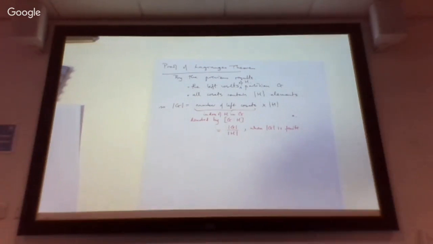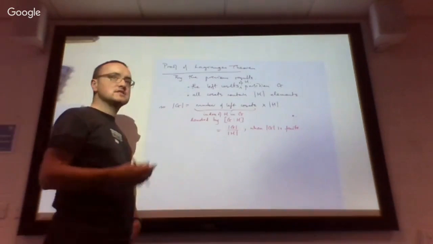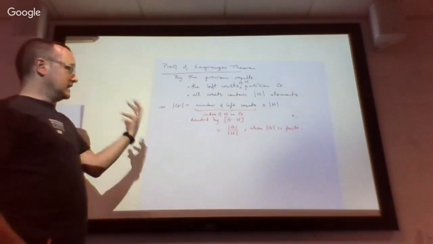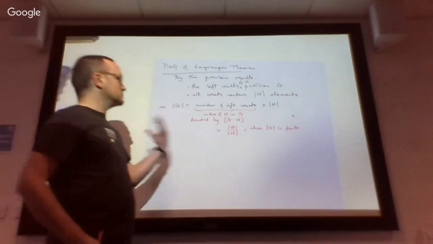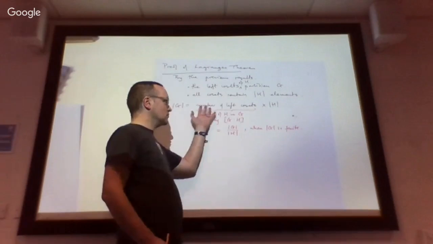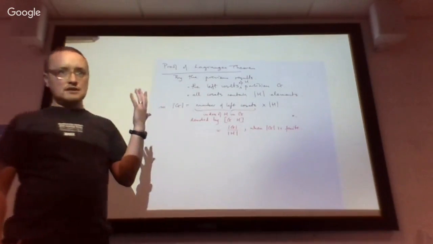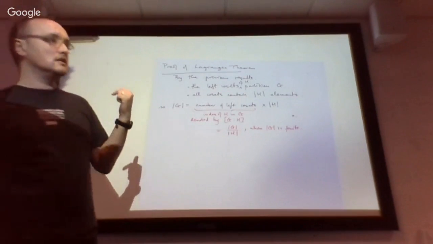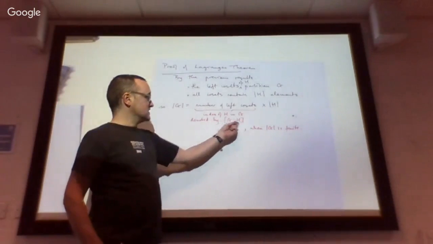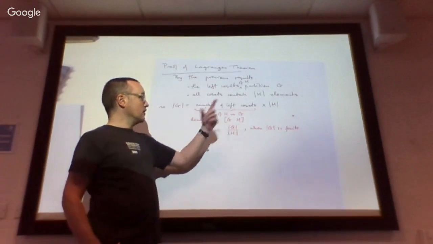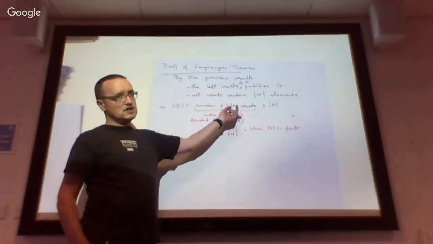But as I said, this machinery of cosets, which we're setting up here to prove Lagrange's theorem, we can still talk about cosets of a subgroup of an infinite group. And sometimes for an infinite group G, the index of H in G, the number of left cosets, will be finite. So sometimes this index is a finite number, even though the size of the original group G is infinite.